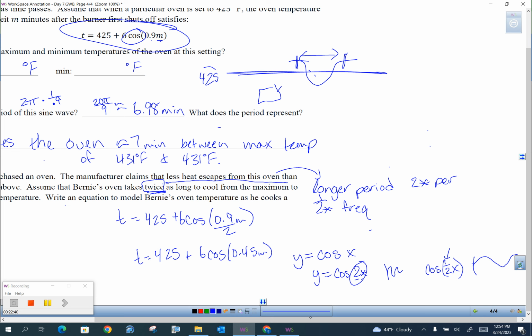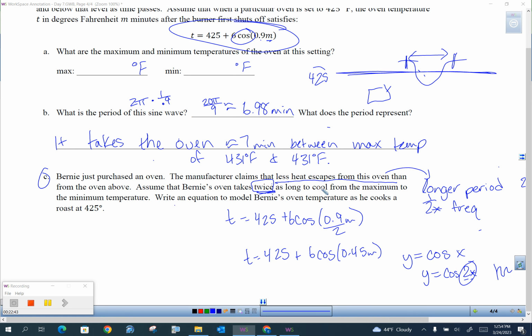Okay, the algebraic version of this: if it says twice as long to cool, it's twice the period. So that would be 40 pi over 9 equals 2 pi over a. Okay, I can solve for this. Those cancel.